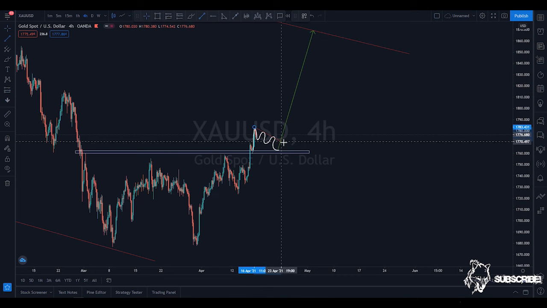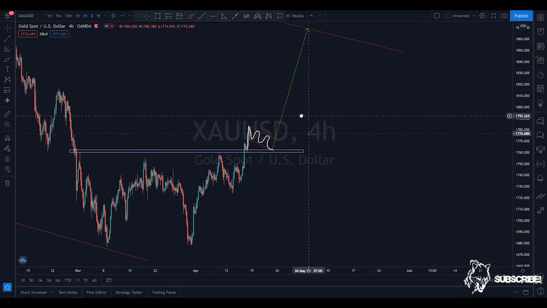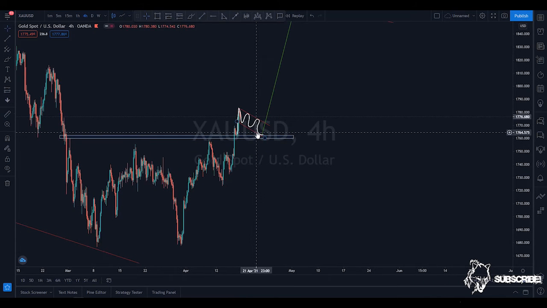So from what I see here, I actually see two entries. So this is gonna be the first entry, right? First entry, or the first position, and then the break of this is also gonna be the second entry, but it's safely when it's here.